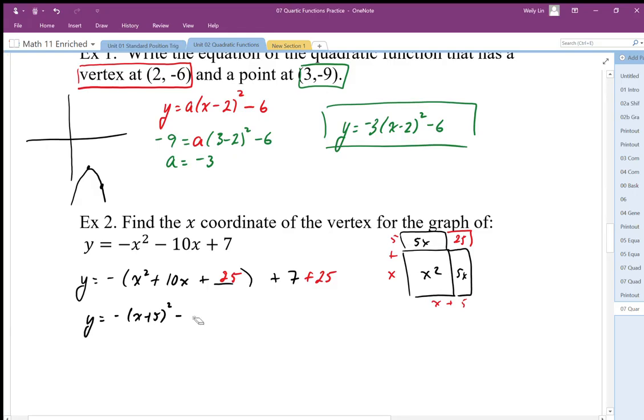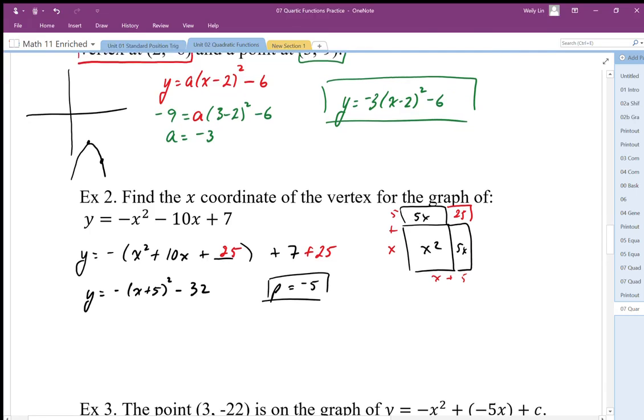Now this is going to give me the x and y coordinate of the vertex. Okay, and in fact, at this point, we probably could predict where the x coordinate of the vertex is going to be. So we could say that p is equal to -5. That's what the question's asking for.